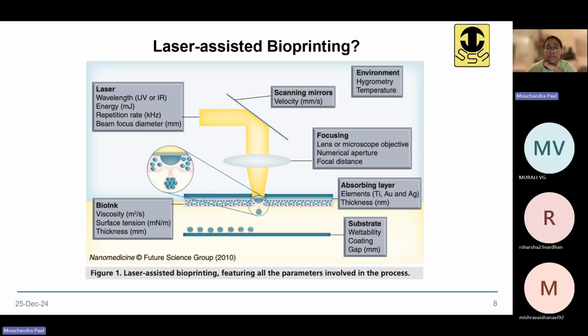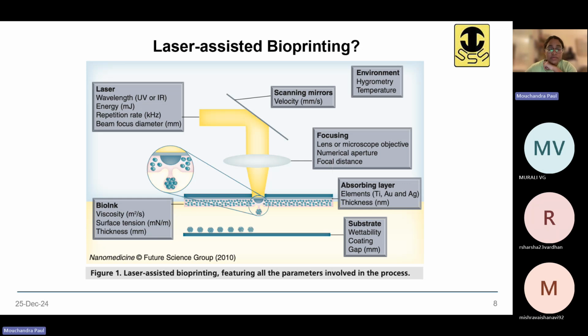So the numerical aperture or the size of the pinhole through which the laser will pass will also affect how much energy is going to fall on this ribbon. The scanning mirrors determine how fast the laser will scan on the XY plane over the ribbon. Environmental factors can also impact the process, like the temperature and moisture.